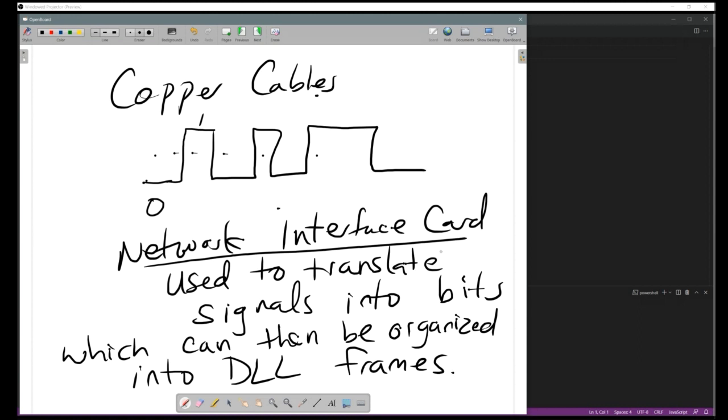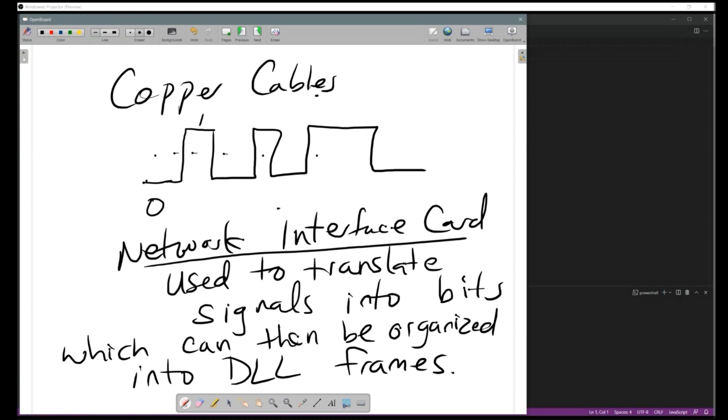All right, so every type of medium will have its associated network interface card, and each of those would be unique. For instance, let's say you had a desktop computer and you wanted to add the ability to use Wi-Fi. I think if you buy a pre-built computer nowadays, it doesn't come with Wi-Fi.